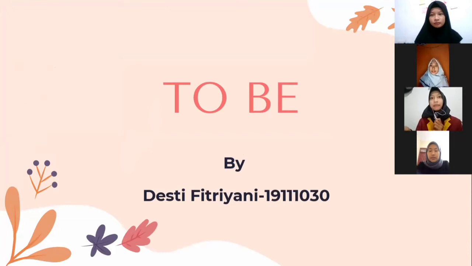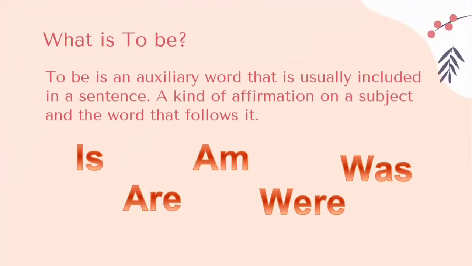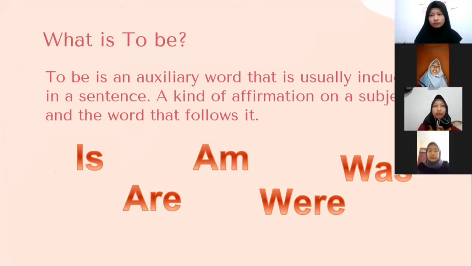So next slide, please. Okay, so to be is an auxiliary word that is usually included in a sentence, a kind of affirmation on a subject and the word that follows it. For example, is, am, are, were, and also was. Are you guys familiar with this kind of auxiliary word?